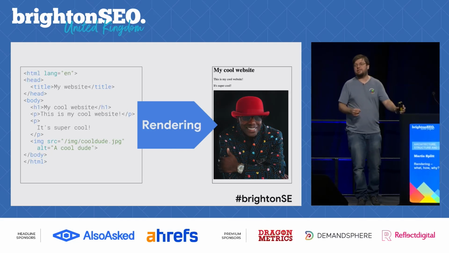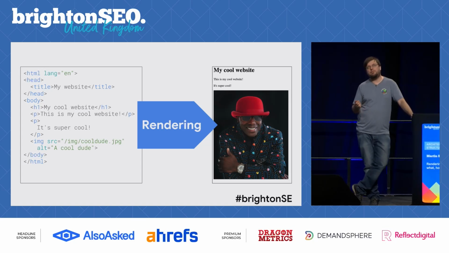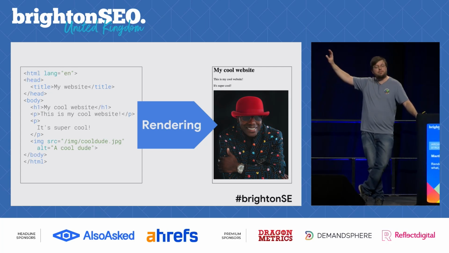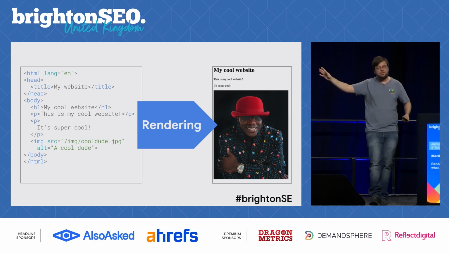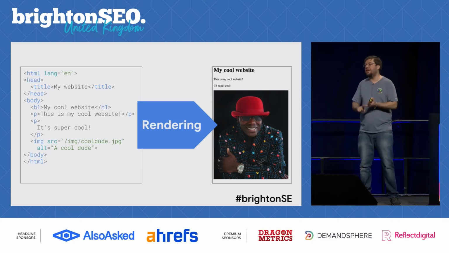Now, rendering means a lot of very different things to a lot of very different people. If you are asking a JavaScript developer or a web developer, rendering probably means for them, where is this transformation of data and the template, put together into this HTML on the left-hand side, where is that happening? So JavaScript developers or web developers more broadly will probably talk about server-side rendering, client-side rendering, and anything in between.